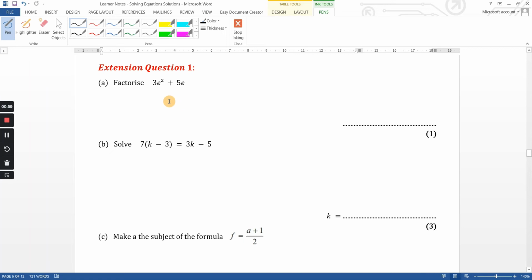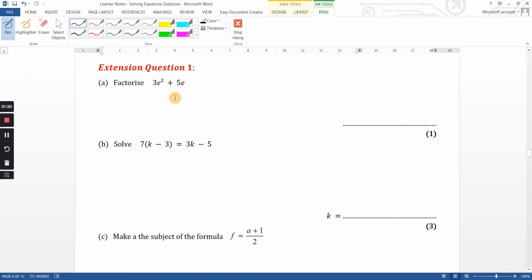The first one says factorize 3e squared plus 5e. If you get anything like this, what I'd always ask myself is, is it going to be single brackets or double brackets? Well, in this case, you've only got 2 terms. When you have 3 terms, usually that's going to be double brackets, especially with a squared. Since you've only got 2 terms here, it's definitely going to be single brackets. So what's the biggest factor you can take out?